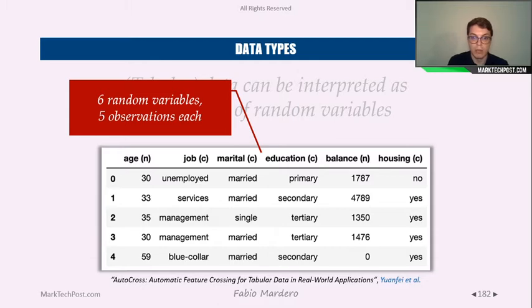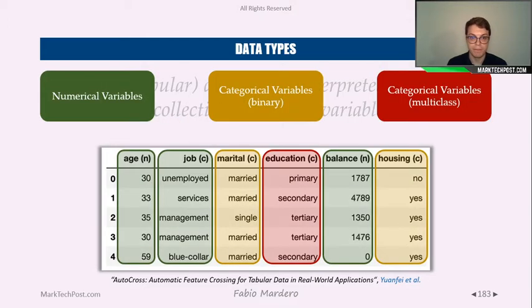The job doesn't. The housing is a sort of Boolean column, which admits only yes or no values. So let's study in detail this table and the types of random variables we could encounter when studying tabular data.